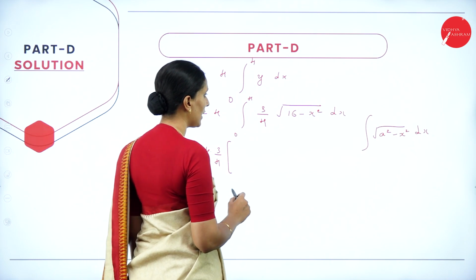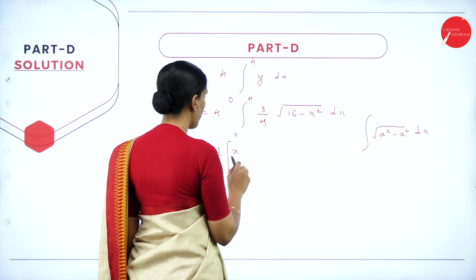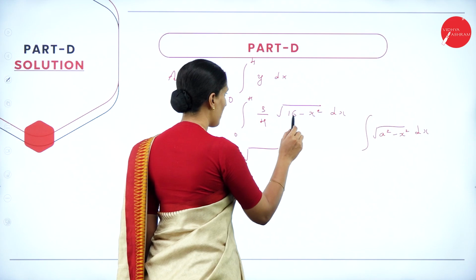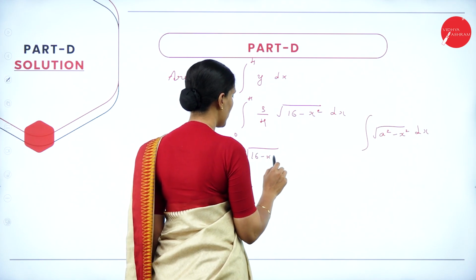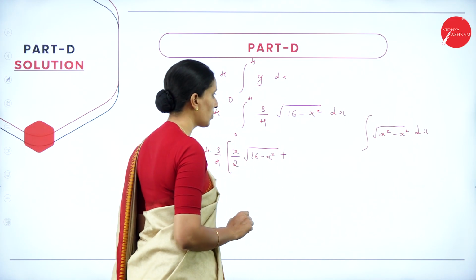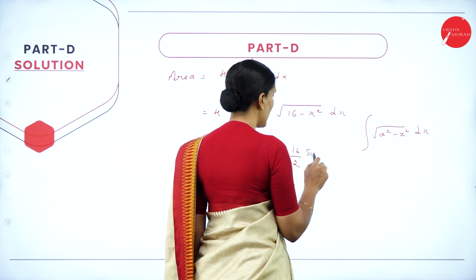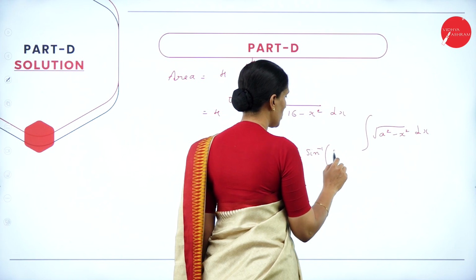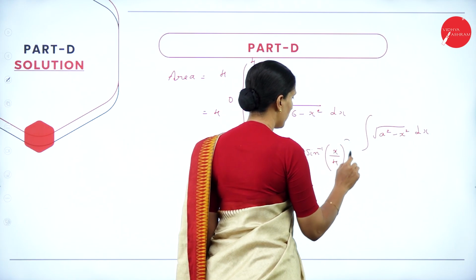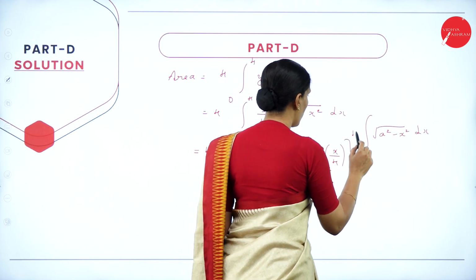So this can be written as x by 2 root of 16 minus x square plus 16 by 2 sine inverse x by 4, and the limits are from 0 to 4.